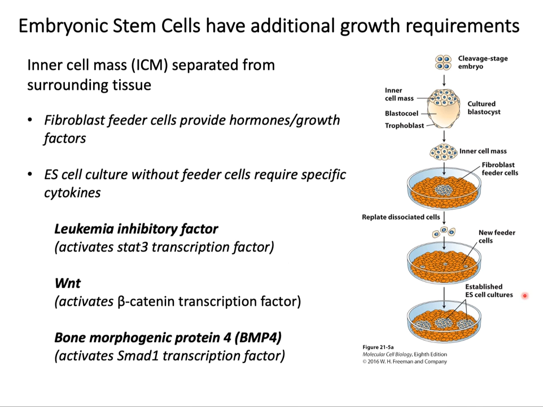Two controversial issues with embryonic stem cells are these. First, when the inner cell mass is isolated, it destroys the blastocyst. This makes embryonic stem cell research controversial because you are destroying an embryo. The other issue is the use of the feeder cells.